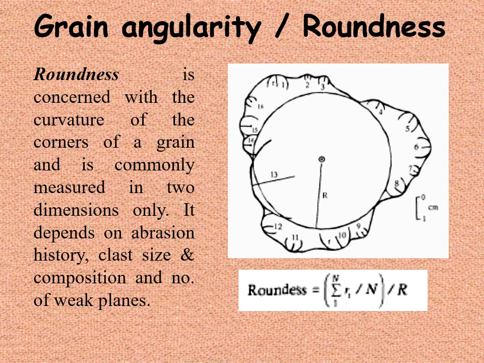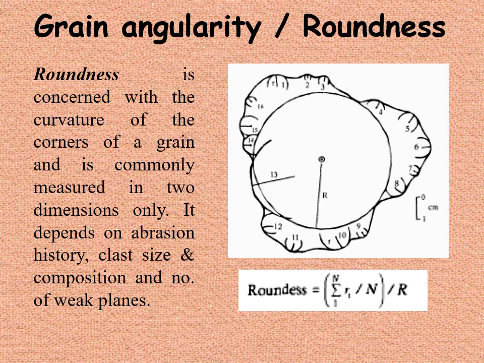Now, if we add all those radii, that will be small r, and the total number of radii which will be added is n. This n may be 10, maybe 20, maybe 50, any number is possible.